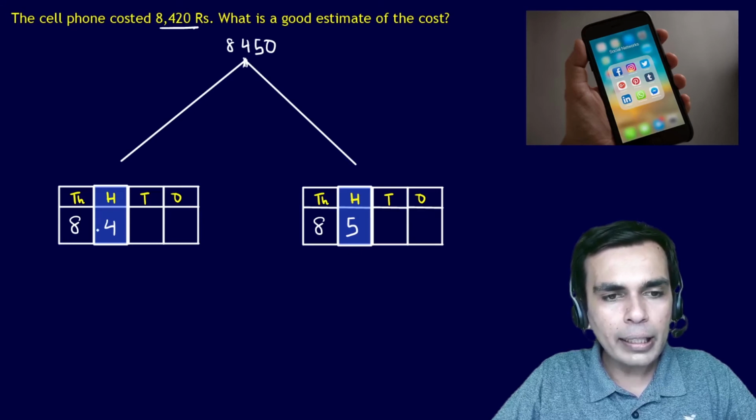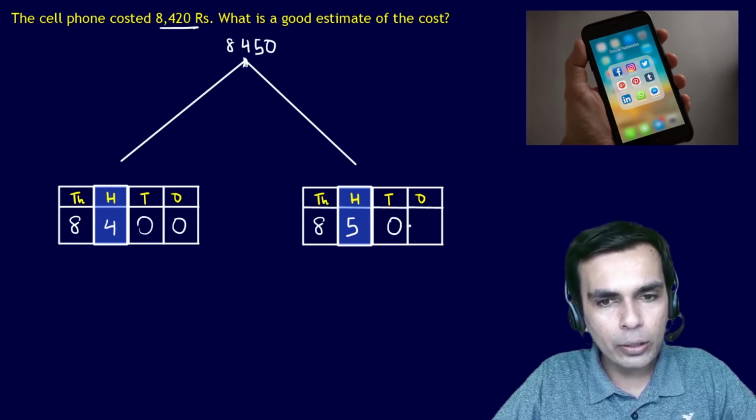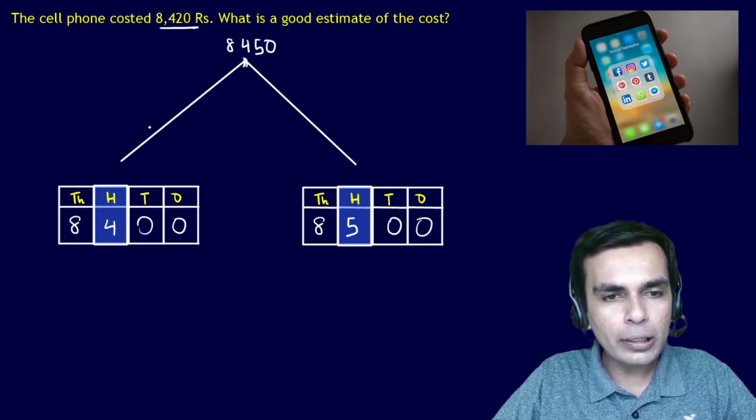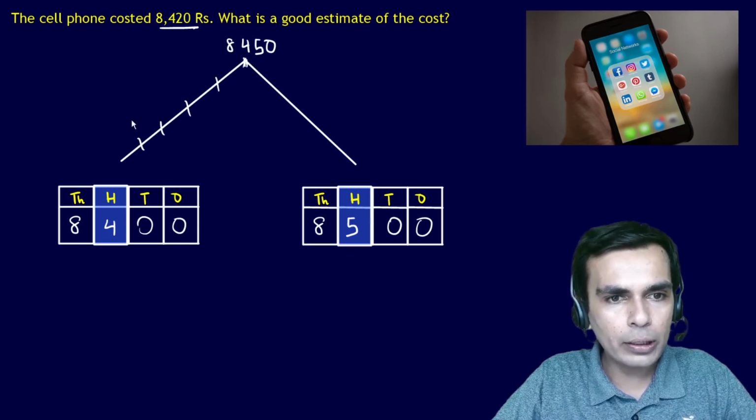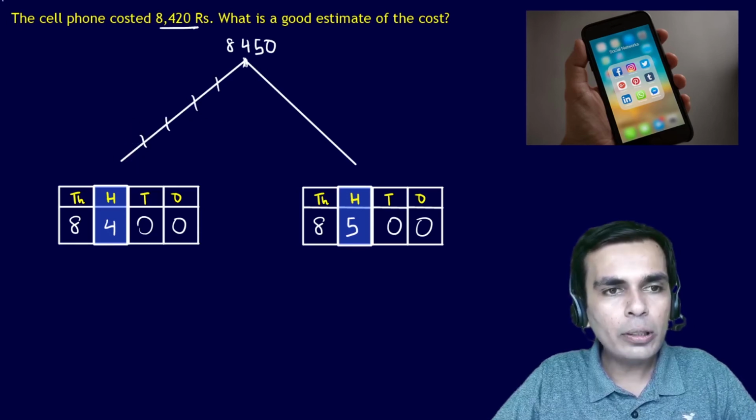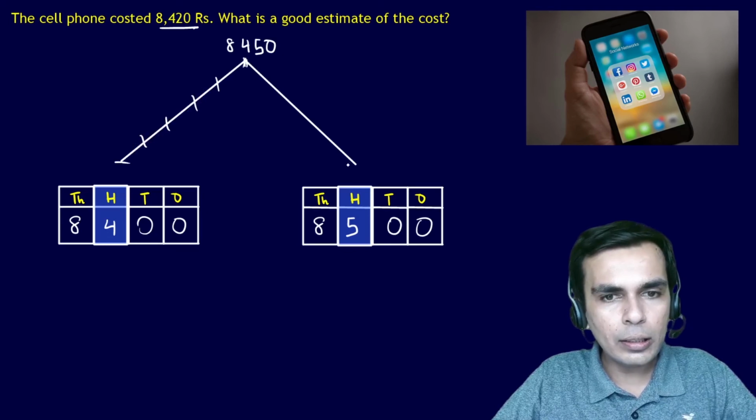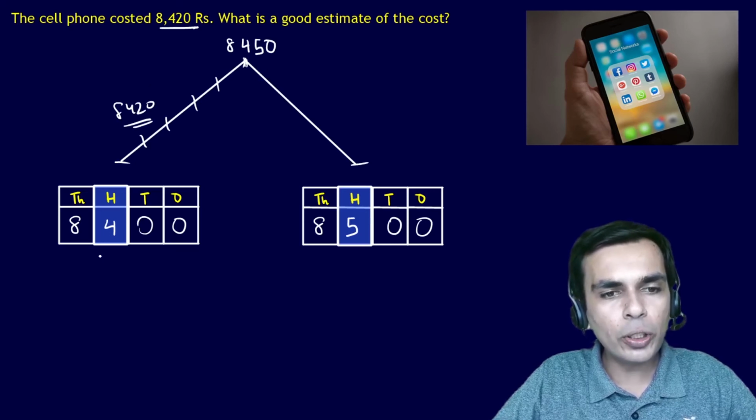Now this is 8,400 and this is 8,500. Therefore, 8,420 would be 1, 2, 3, 4, and 5. Almost equal distances. Hold on. So I would say this is around 8,420. So our number actually is closer to 8,400.